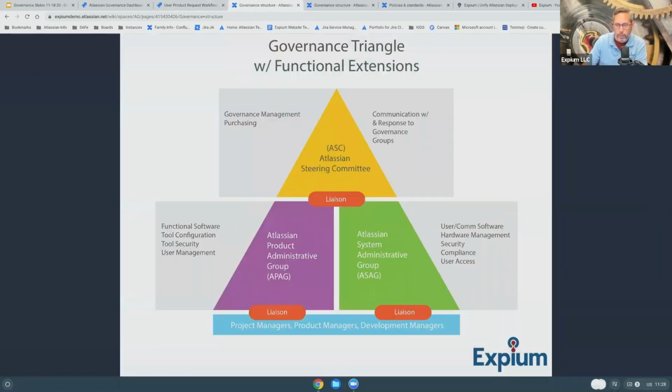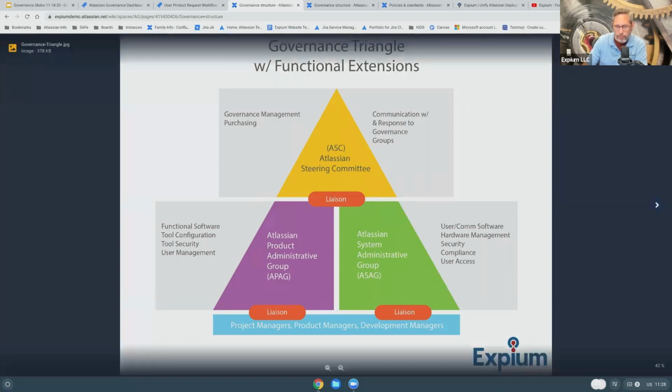This is what we call the governance triangle. It's really designed for a mid-sized to large enterprise company, maybe somewhere between 75 to 2,000 users. Any more than that, you might need to go into a hub and spoke system. But this is designed to create 3 governing bodies and basically define what their roles are.